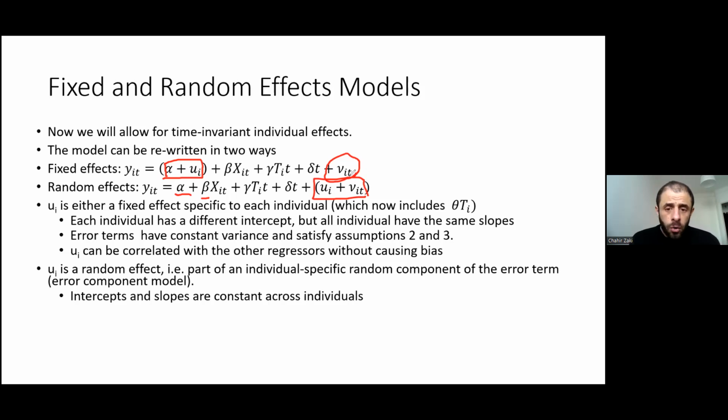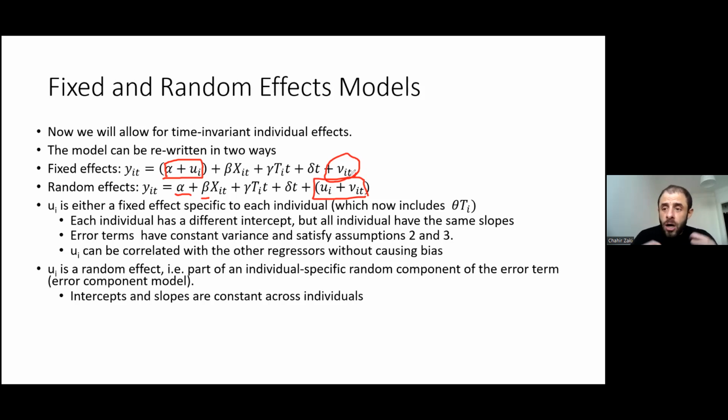And if there is no omitted variable bias, this means that the error term is not correlated with the explanatory variables, and therefore the problem that we had with the unobserved characteristics is resolved.